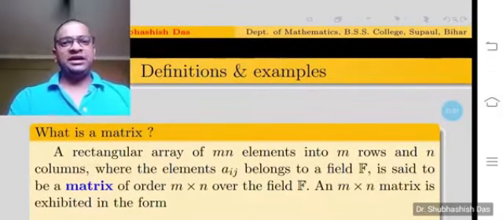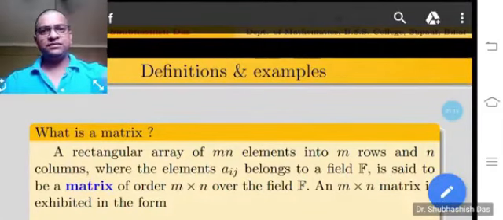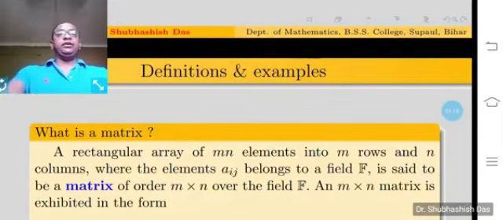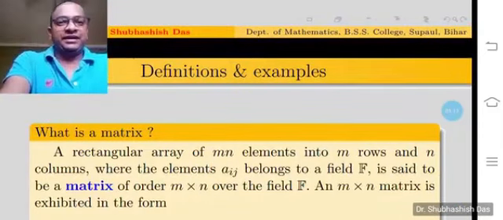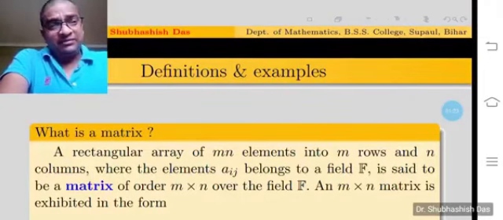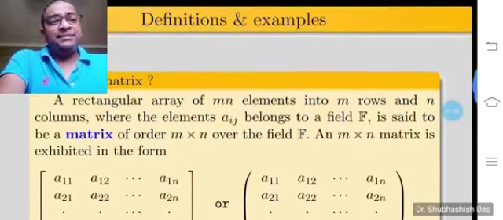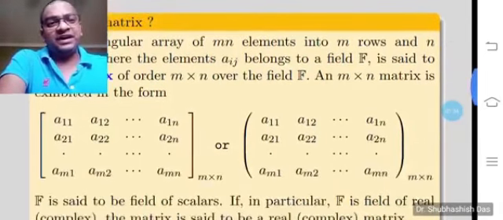What is a matrix? A matrix is a rectangular array of mn elements into m rows and n columns, whose elements aij belong to a field F, and this m by n matrix is exhibited in the form under third bracket or first bracket.